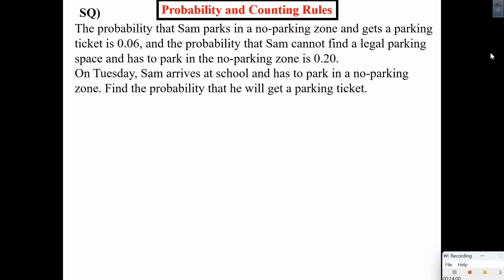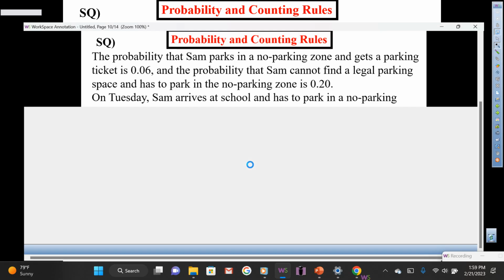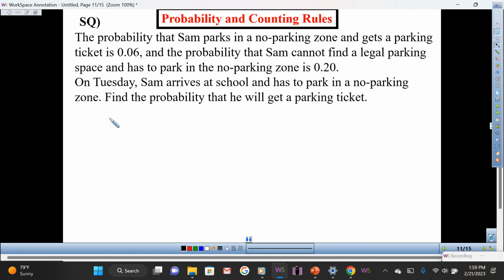All right, so formula, JC, what do I write? P of B depending on A, or given. By the way, I'm going to write the word given because some of you keep forgetting the order. All right, continue.